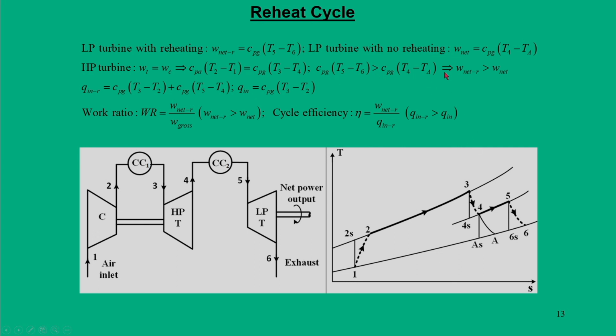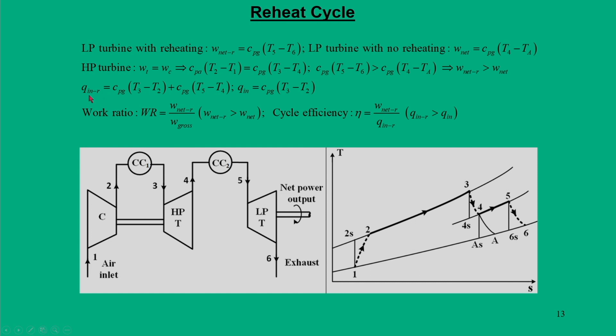So, we can clearly say that Cpg (T5 minus T6) is always greater than Cpg (T4 minus Ta). And in this process of reheating, how much extra heat are we going to add? From 4 to 5, we are adding extra heat in combustion chamber 2.